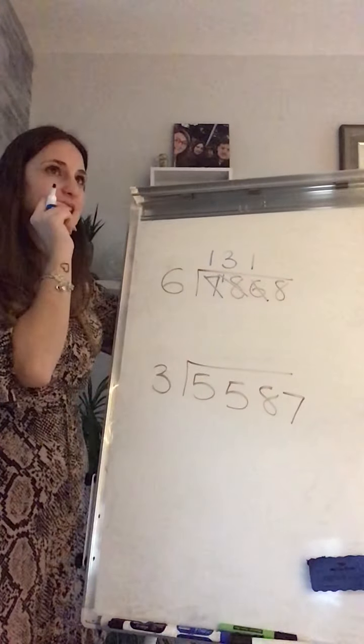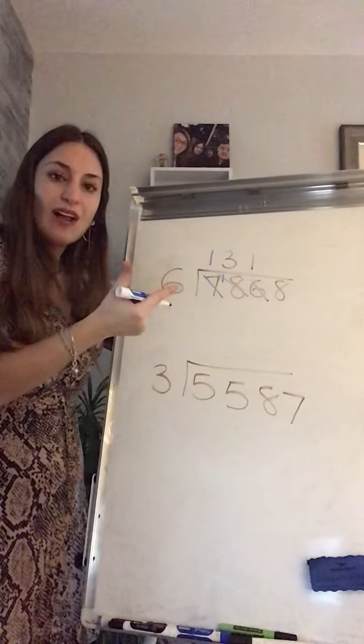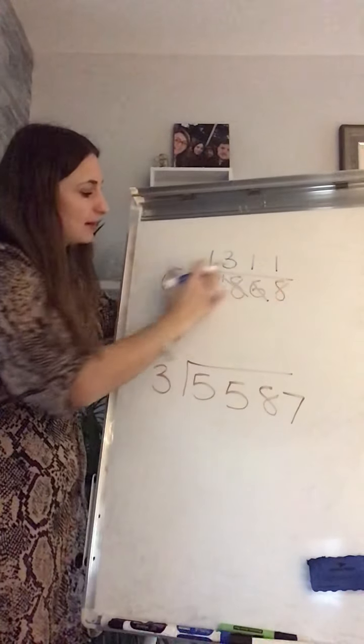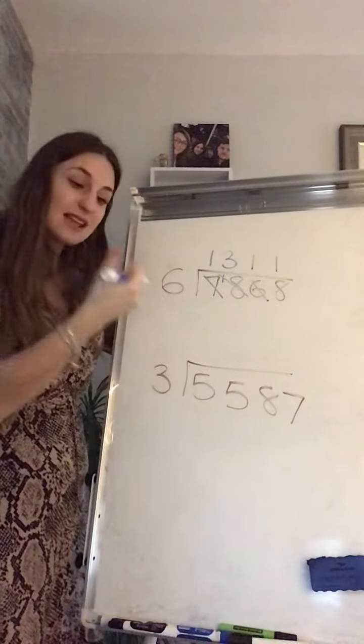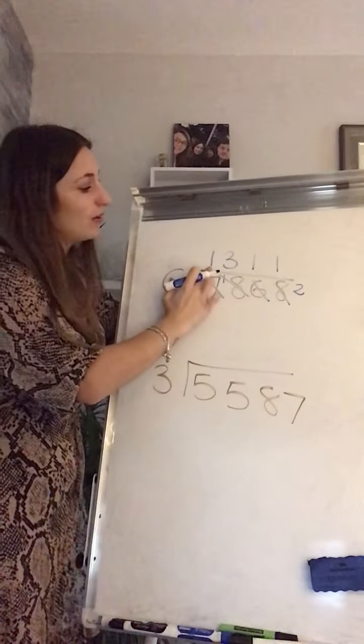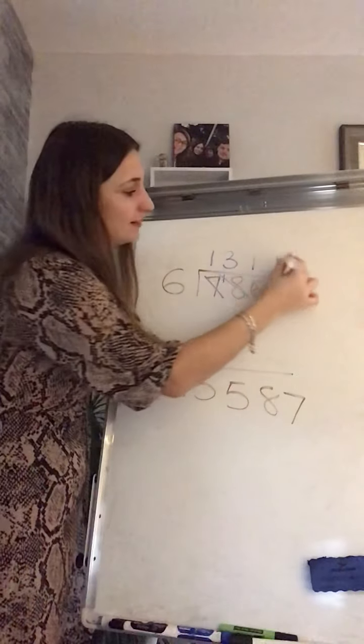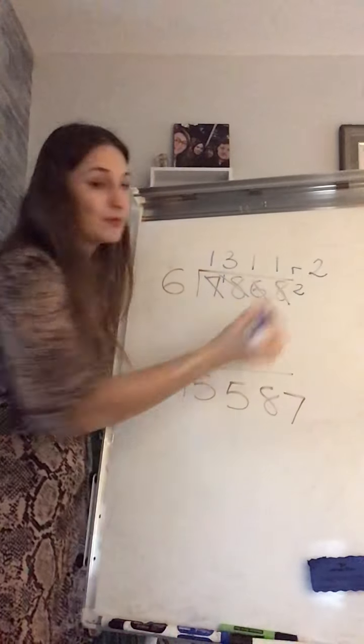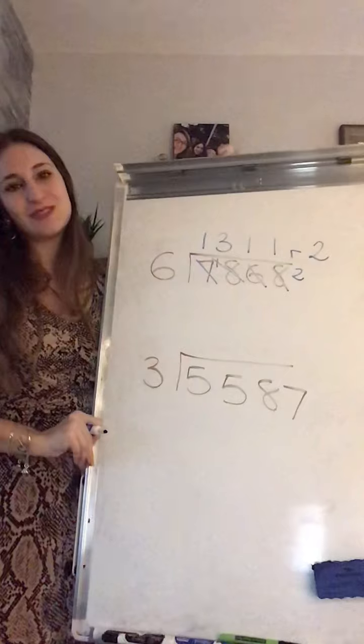And 8, no. 6, 12. So I need to choose 6 by doing 1 times 6 is 6, 7 and 8. So I have 1,311, remainder 2. Okay, and let's go to the next one.